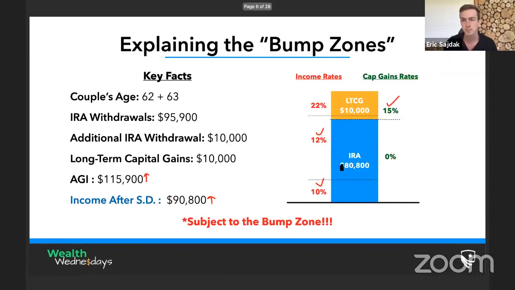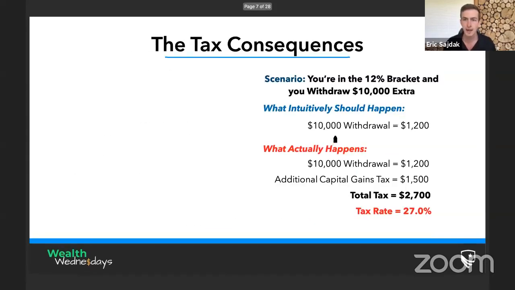Intuitively, their IRA withdrawals are taxed at 12%. So they think if they pull another $10,000, they're just going to be taxed at 12%, and they should owe $1,200 in taxes. And that does happen, but they're missing part of the equation. They do owe that tax, but their long-term capital gains moved from being taxed at 0% to being taxed at 15% because of that extra $10,000 withdrawal.